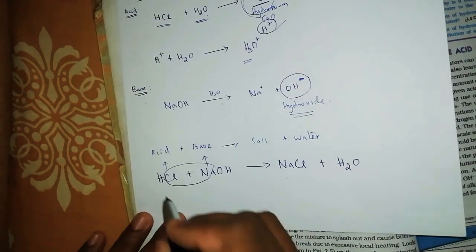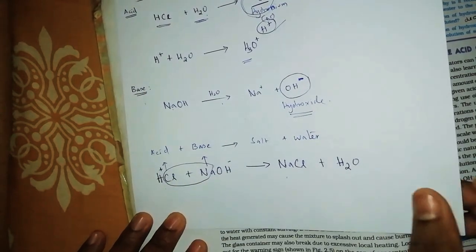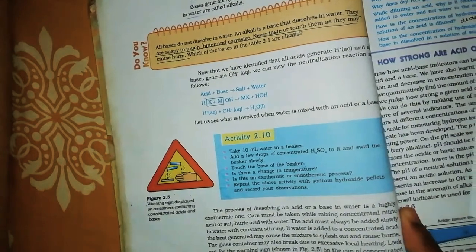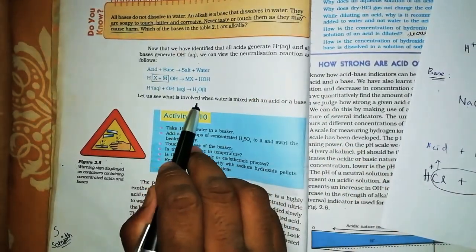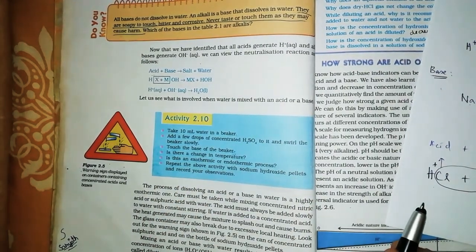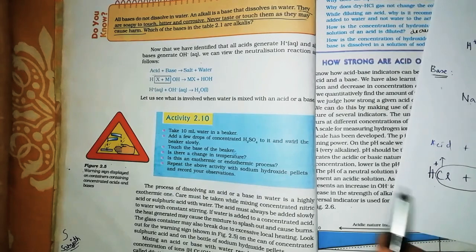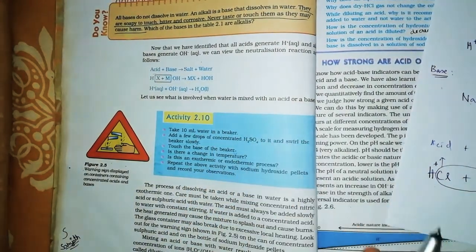Clear? So the H+ and OH- ions combine to form water molecules. Now what we are going to see is what is involved when water is mixed with an acid or a base.